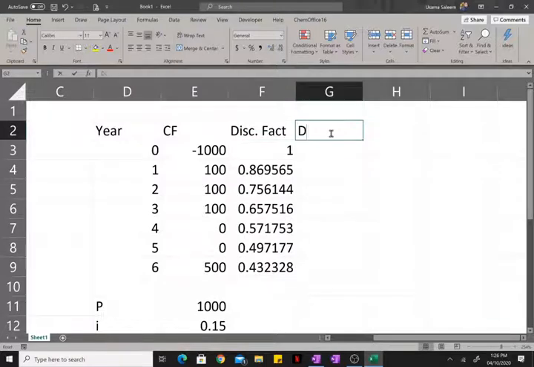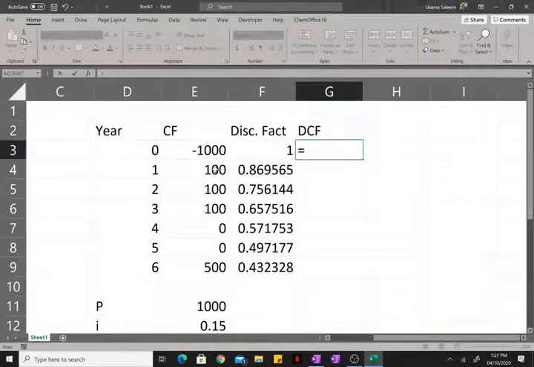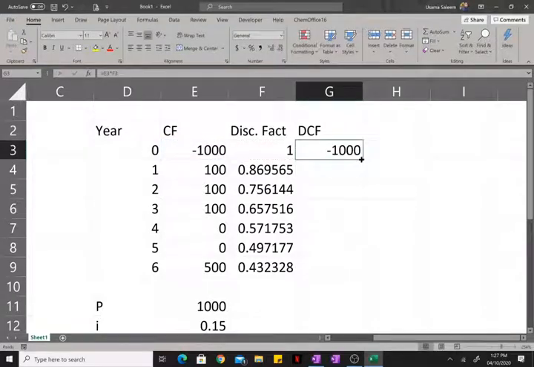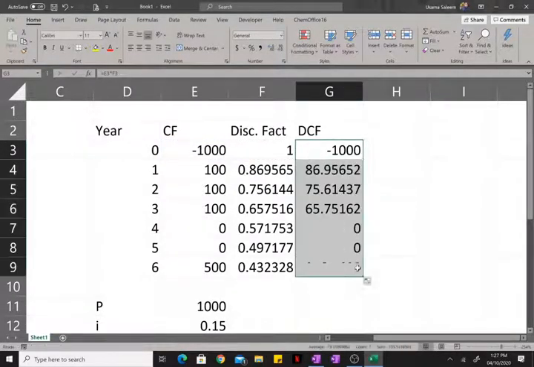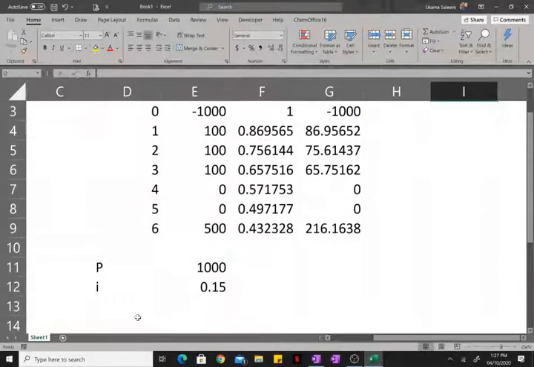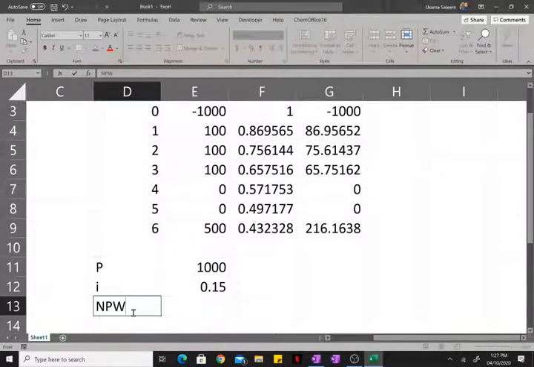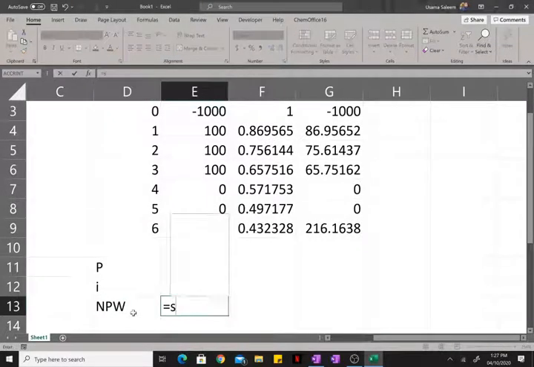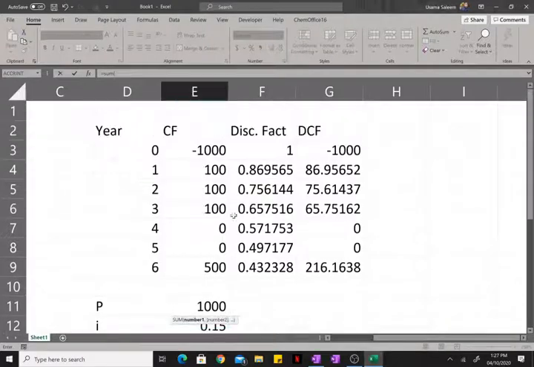And finally, our discounted cash flows. So each cash flow multiplied by the discount factor, and we just drag it down. Alright, looks good. Now the NPW, I'll just write it down here. The net present value is going to be the sum of all the discounted cash flows.